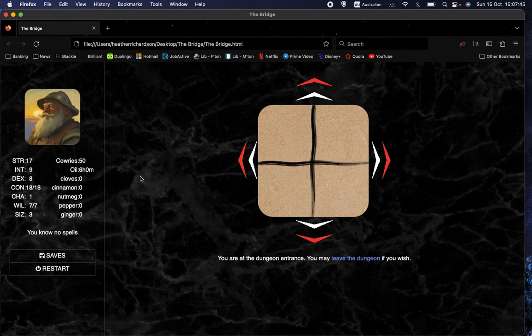All right, so I look at my character. I suppose the thing that strikes me first is, would a normal person understand what these abbreviations are? STR, INT, DEX, etc. And I think they would if they were familiar with tabletop role-playing games.